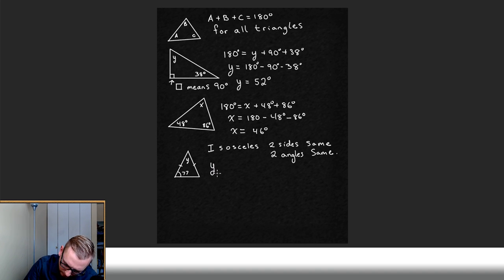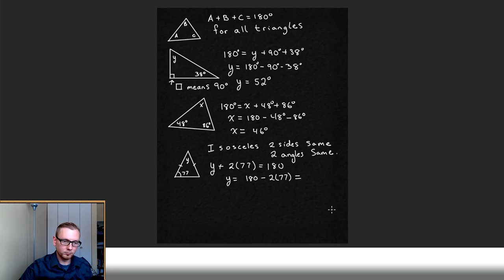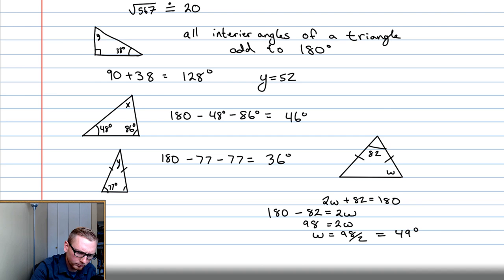So then y plus 2 times 77 equals 180, which means y is equal to 180 minus 2 times 77, which equals, what did I say, 36? Yeah.